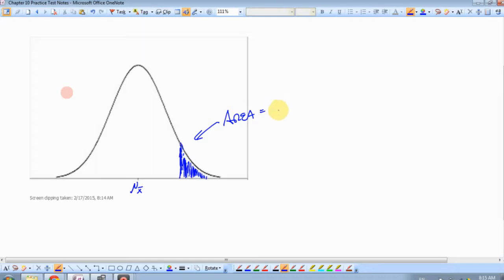This area right here equals alpha. Any test statistic that's in this region, let's just say we found that x bar was here, giving us a t star. So x bar 1 is in the rejection region.